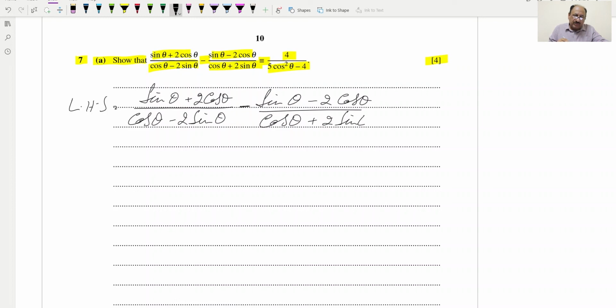So I have copied the left hand side, and now we can take the LCM.